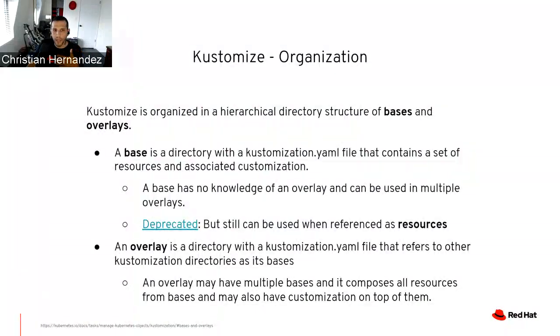You'll have a base directory containing the resources that are common across everything. When you look up bases in Kustomize, they're actually trying to deprecate it, but they have something called resources that works almost the exact same way. You'll see a lot of repos that say base, other repos that say resources. They're essentially synonymous in functionality.